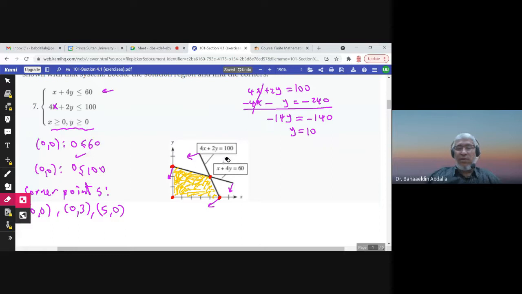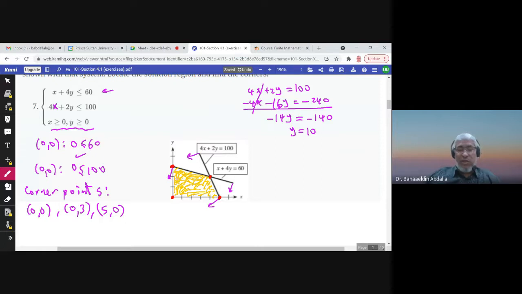This is not 16. It is negative 4x, negative 16y. Yes, 4 times 4 is 16. I multiplied the second equation by negative 4. 4 times 60 is 240. So is y 10?